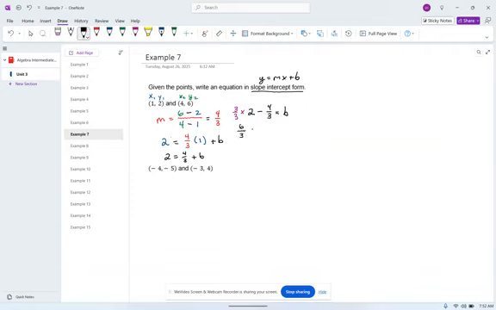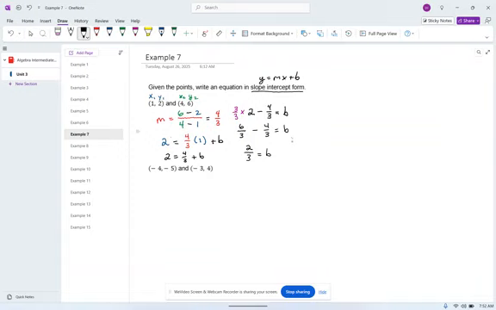And we think of 6/3, that is equal to 2, minus 4/3 equals b. And again, you can do 2 minus 4/3 on Desmos, and it should give you the same answer that I'm about to get. But 6 minus 4 is 2, and we keep the denominator the same. And so b is equal to 2/3.